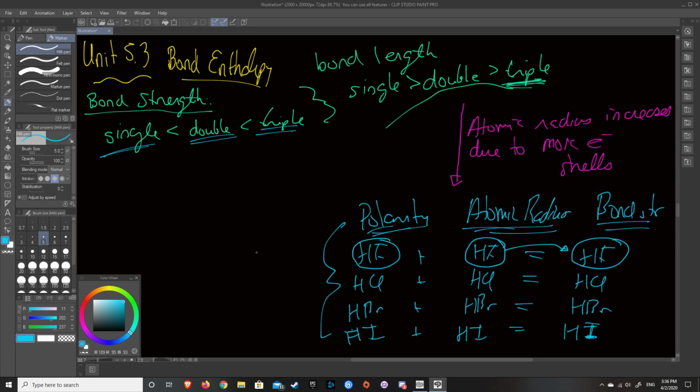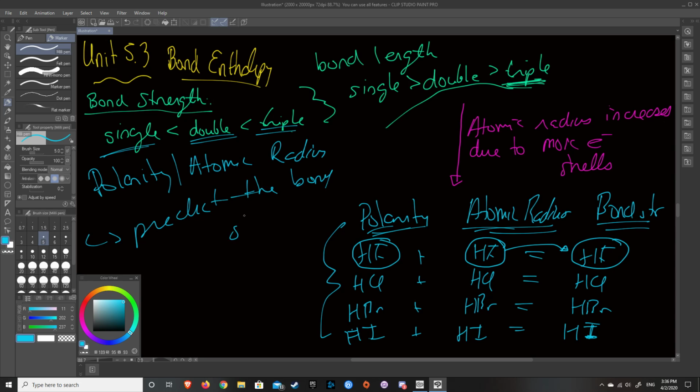That's fine. So the question should say, based on bond polarity or based on atomic radius, predict the bond strength. Or it can say based off of both, but it should be a clear correlation. It should be clear: it's highly polar and has a small atomic radius.